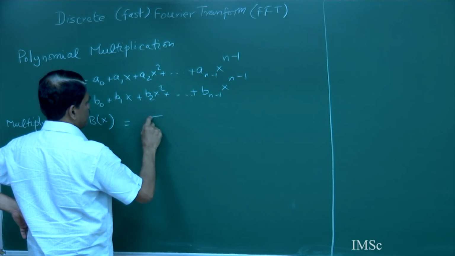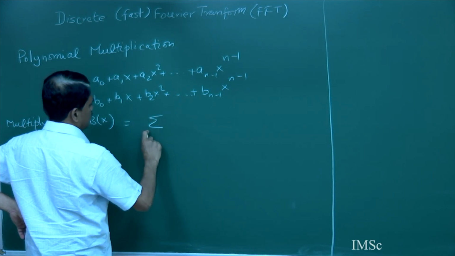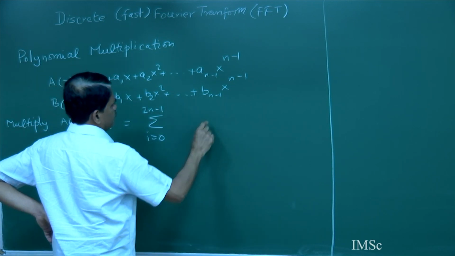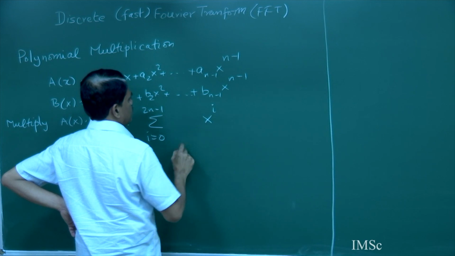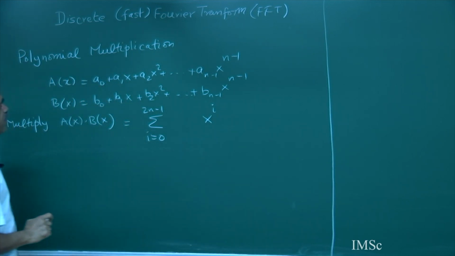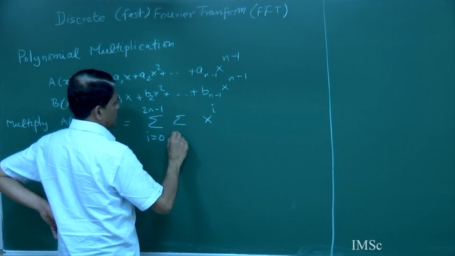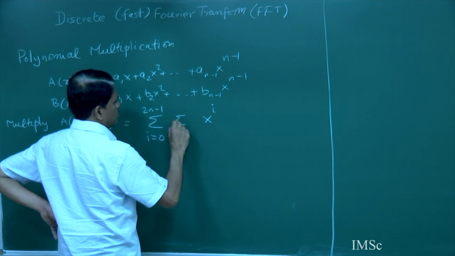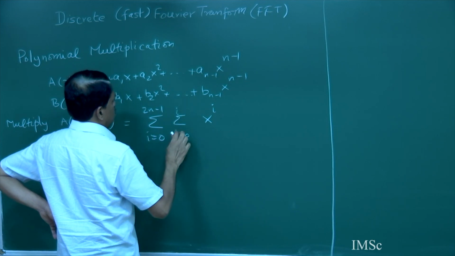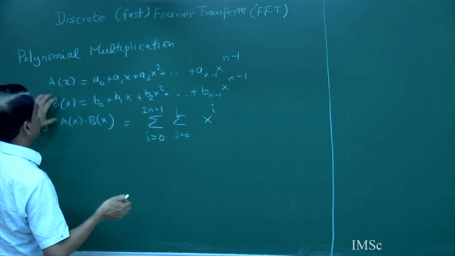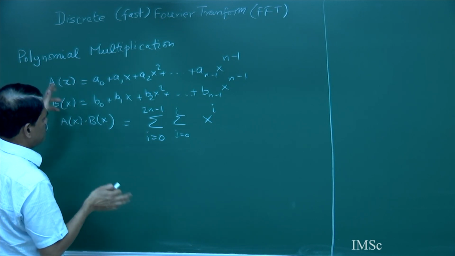So let's say I have a summation over i going from 0 to 2n minus 2. And what is the coefficient of x to the power i? Well, you pick some j from the A polynomial and the remaining i minus j from the B polynomial and multiply, right?